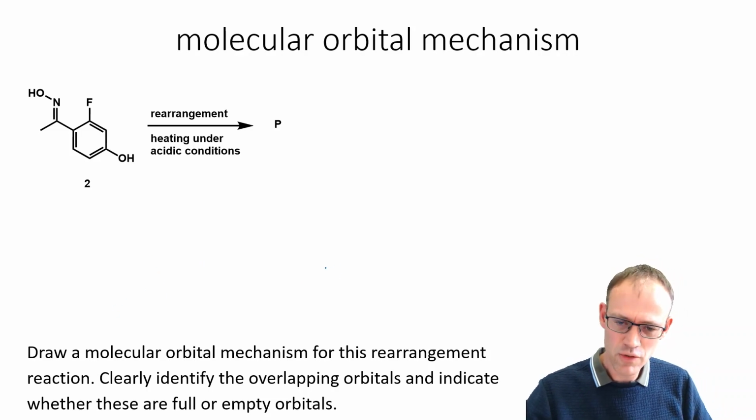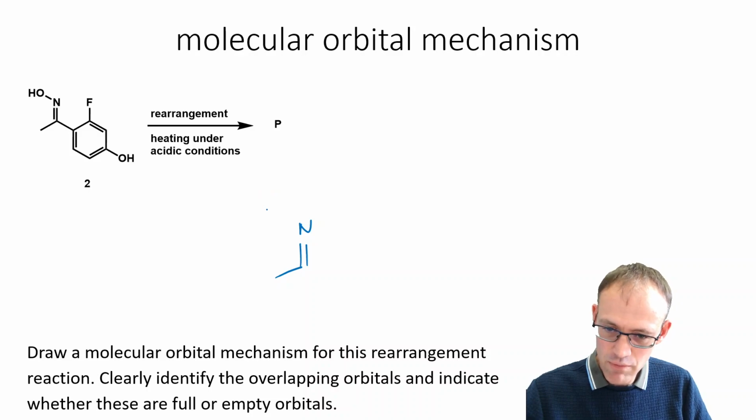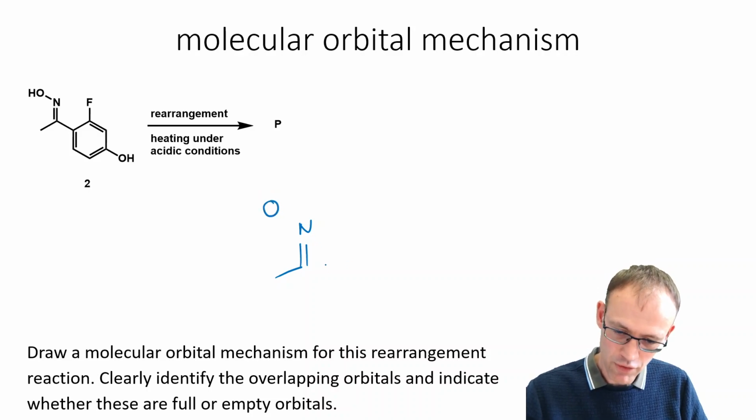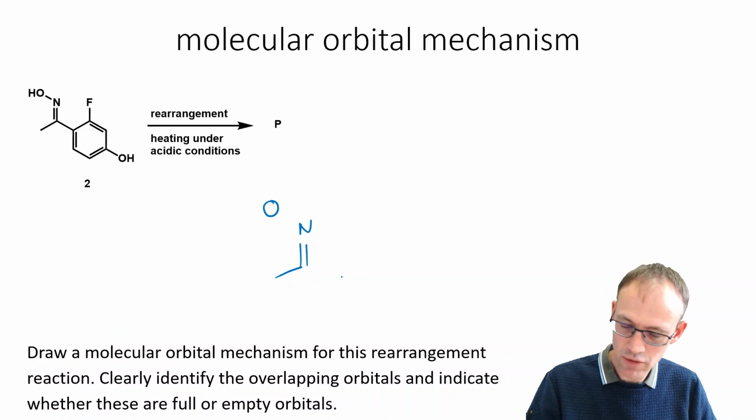So what I'm going to do is draw the molecule again. Probably going to give myself a little bit more space. And some of the key parts of this molecule I am going to draw in a minute in a lighter color.